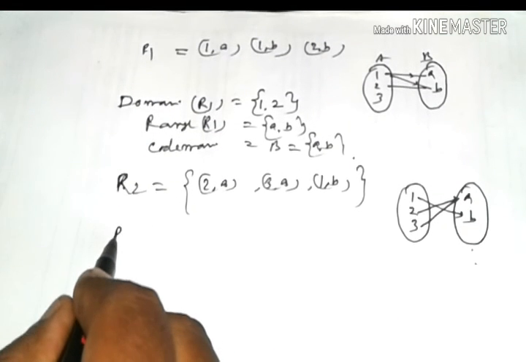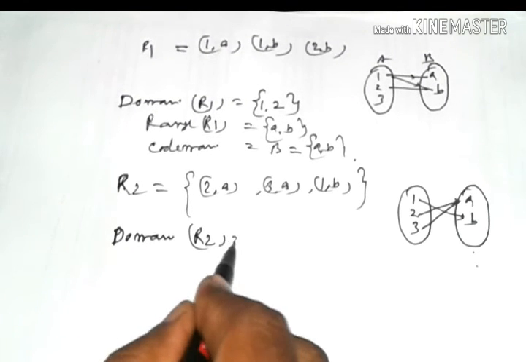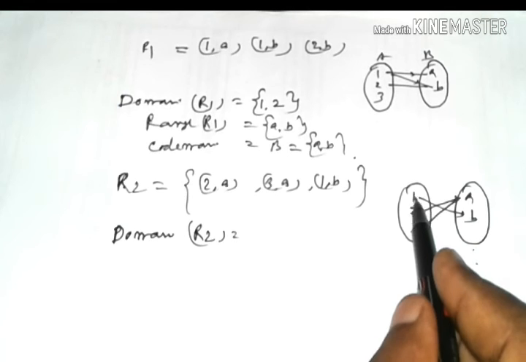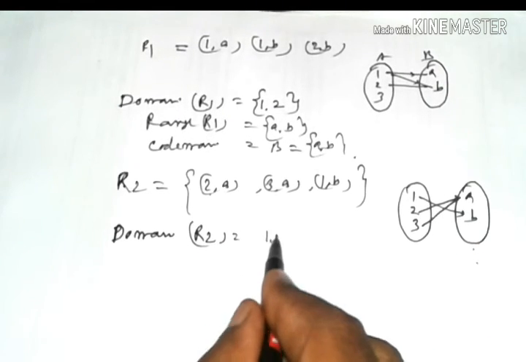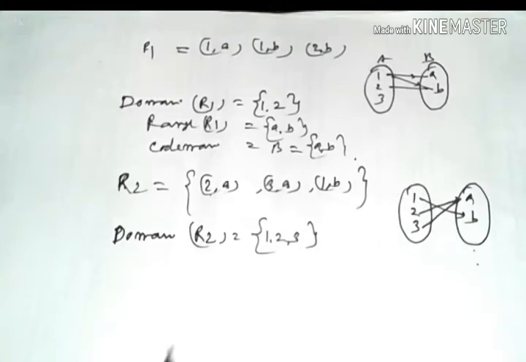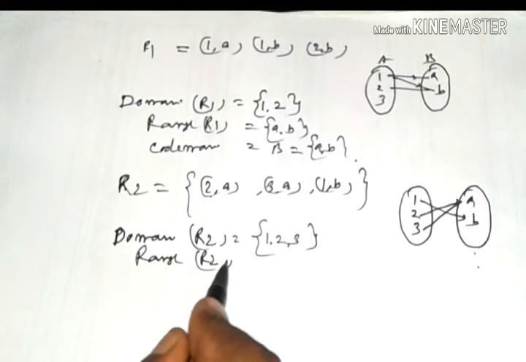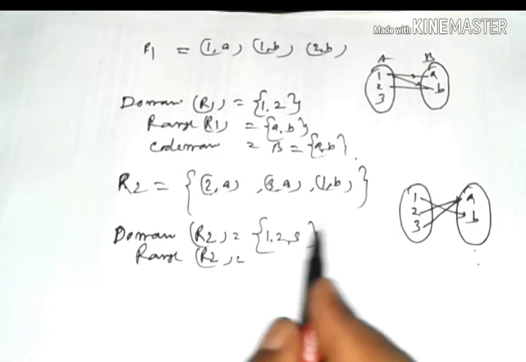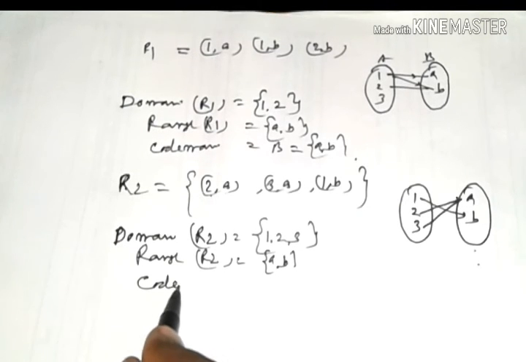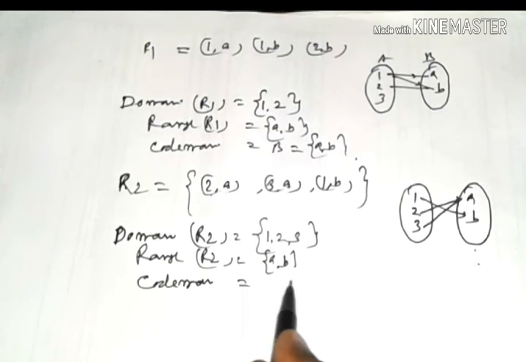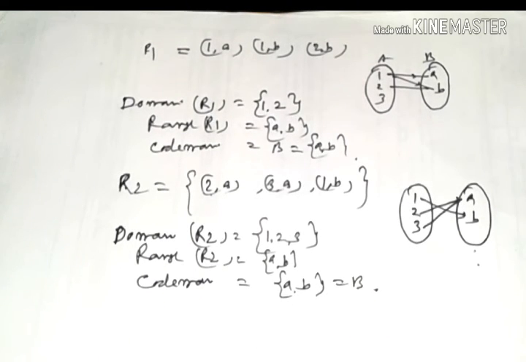Therefore the domain of R2 is equal to the first components 1, 2, 3. Here also 1, 2, 3 is the domain. Range of R2 means the second component, a, b, and codomain is equal to a, b. That is set B.